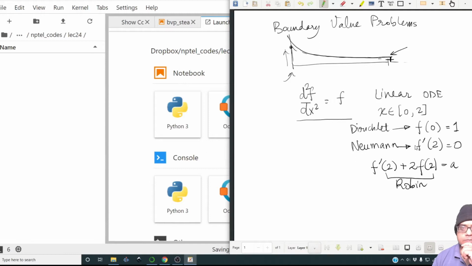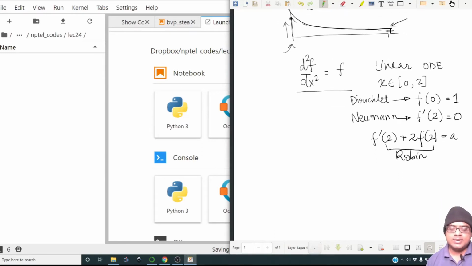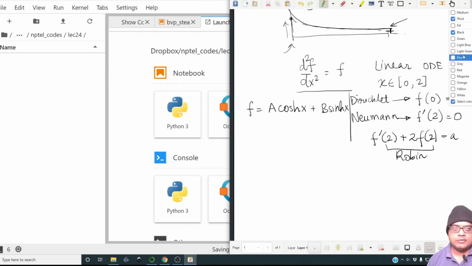Okay, so how do we go about approaching this problem? Well, first thing we could do is obtain the analytical solution. So what is the solution for this? It's an easy equation, f is a cosh x plus b sinh x, and that's the straightforward solution.